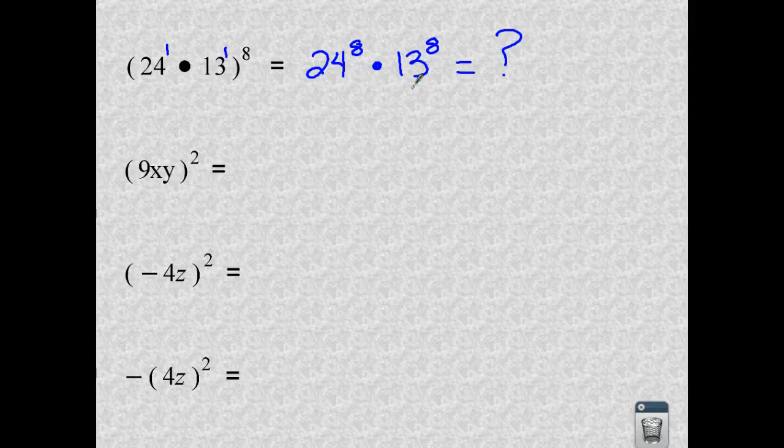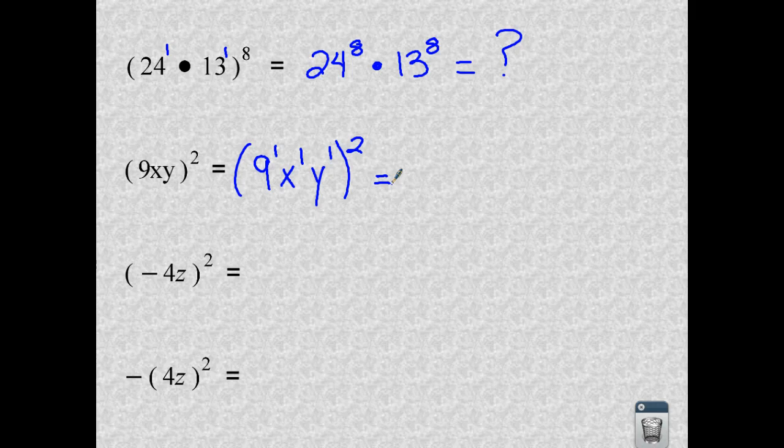Next one, 9xy squared. So that is, again, every term on the inside raised to the 2nd power. So that would be 9 to the 1st, x to the 1st, y to the 1st, all of that squared.